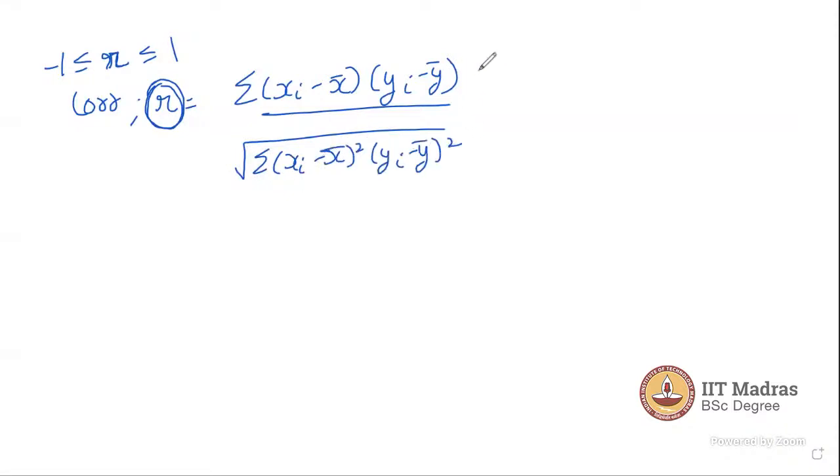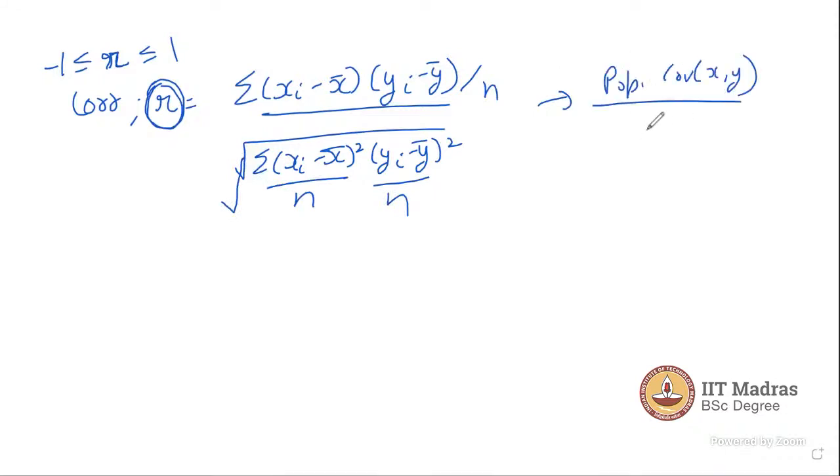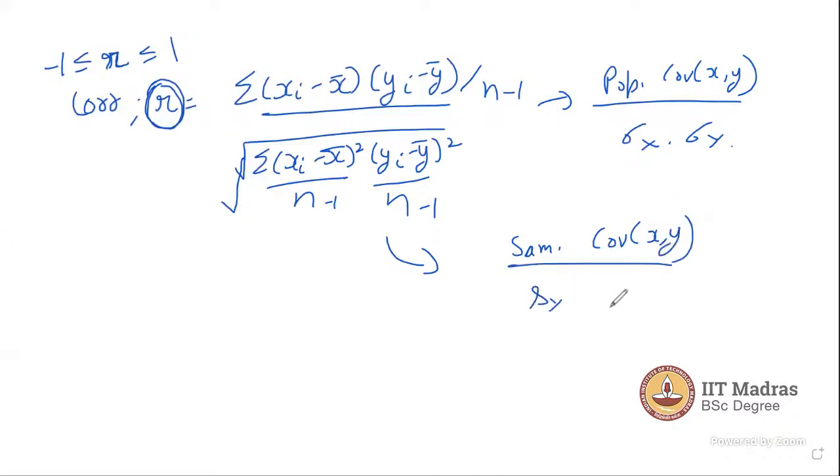If you divide both by n, and take the root, then it will be population covariance divided by the population standard deviation of both. And if you divide by n-1, the same thing, then it will be sample covariance divided by the sample standard deviation of both.